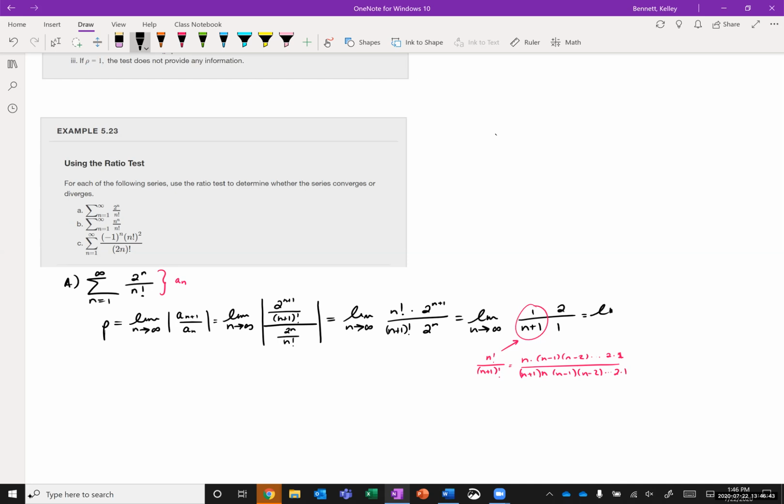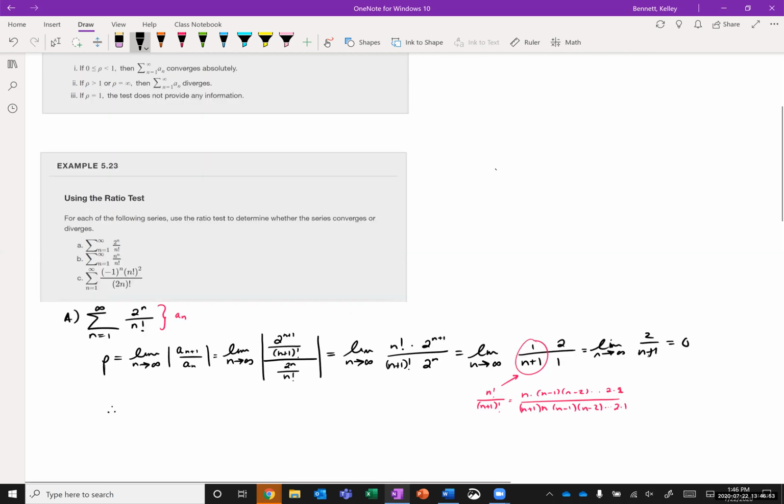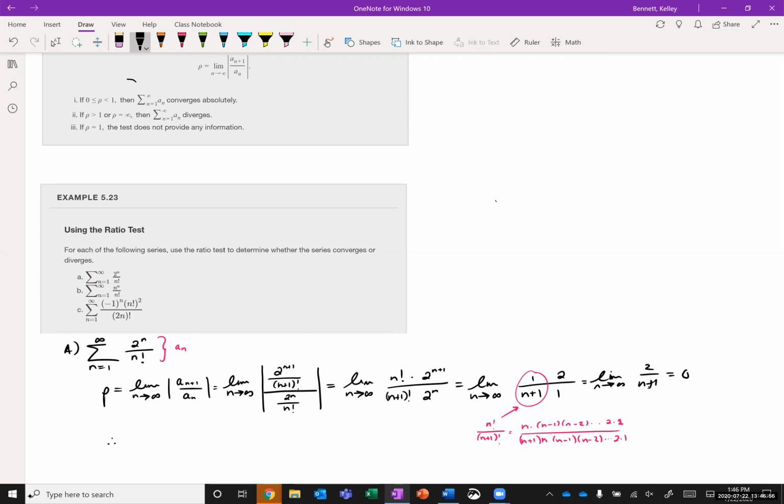So I get the limit as n goes to infinity of 2 over n plus 1, which equals 0. Therefore, again, looking at these results, we're in this situation. If rho is bigger than or equal to 0, but less than 1, then we get absolute convergence.